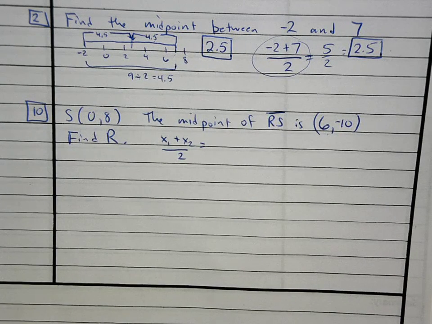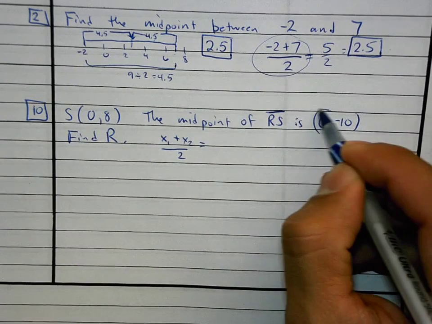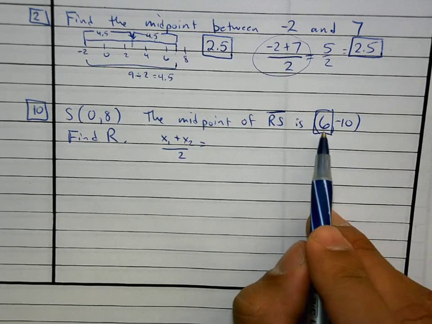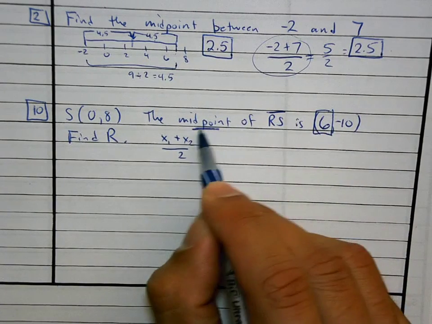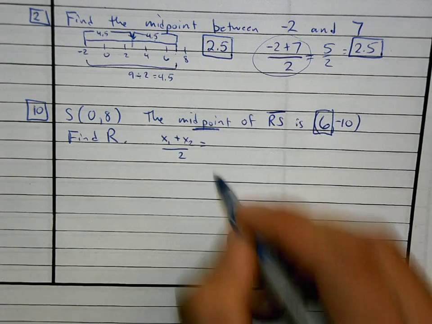So I'm just going to work out my x1 plus x2 divided by 2 should equal the x coordinate of the midpoint. Which one is the x coordinate of the midpoint? Right here. This 6 is our x coordinate of the midpoint, because that's what it says. The midpoint is this one right here, 6.